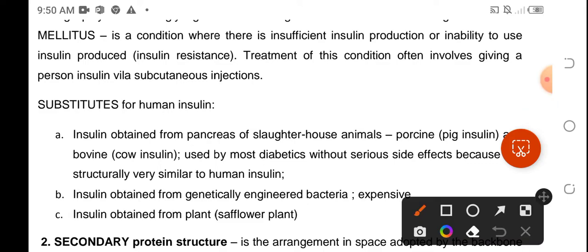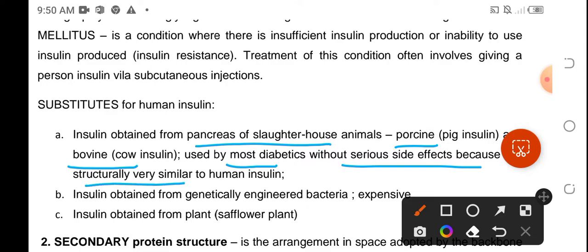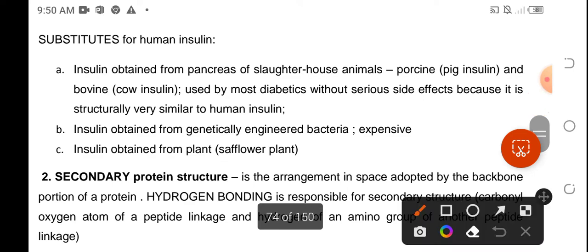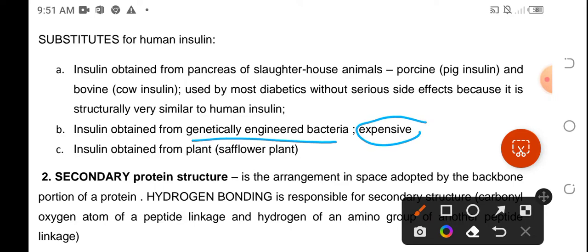The source could either be from the pancreas of slaughterhouse animals, porcine pig insulin or bovine cow insulin, and this is used by most diabetics without serious side effects because it has a similar structure to that of human insulin. Another substitute is genetically engineered bacteria. However, this is very expensive. And we also have insulin obtained from a plant, which is the safflower.